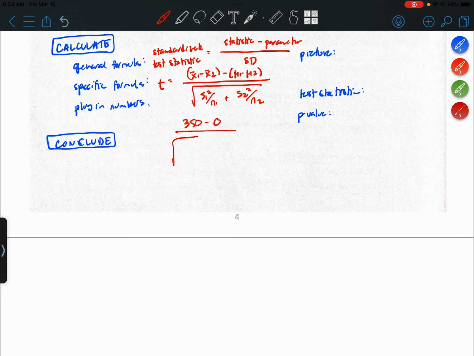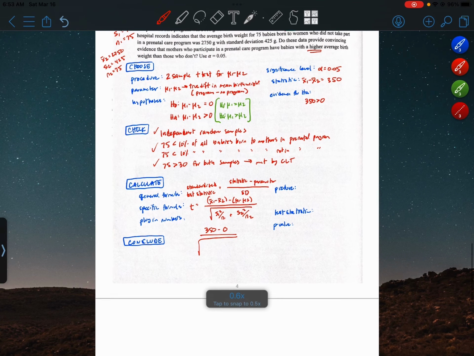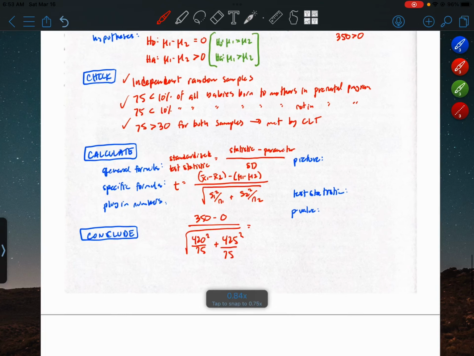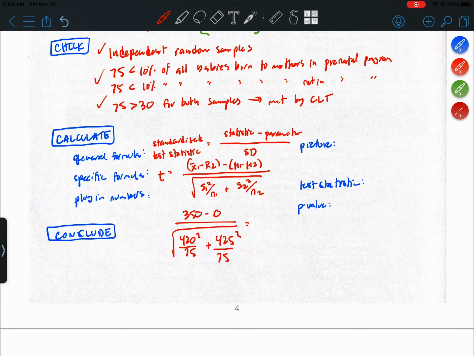Then 420 squared over 75 plus 425 squared over 75. I typed that in the calculator, and I'm getting a value of 5.07. So the test statistic is 5.07.